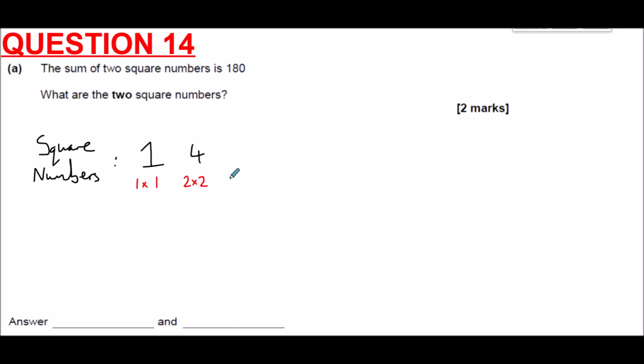The next one is 3 times 3, 4 times 4, 5 times 5, and so on. And to be honest, you should know these off by heart ideally, all the way up to 12 squared, which is 12 times 12.